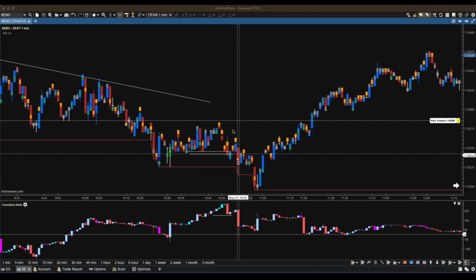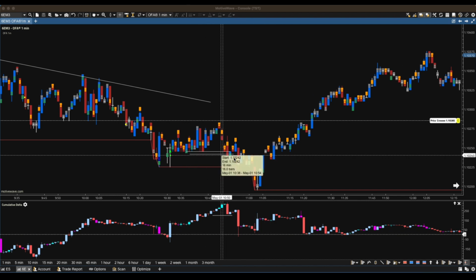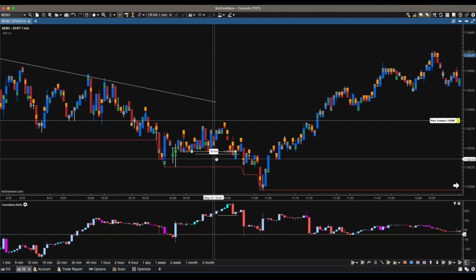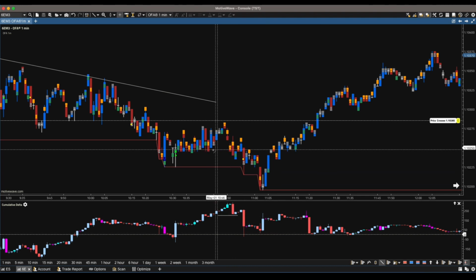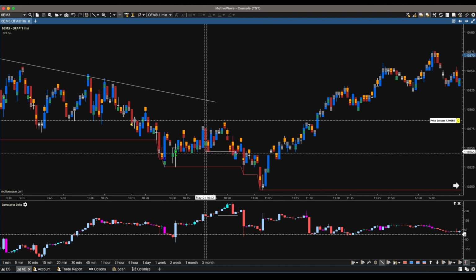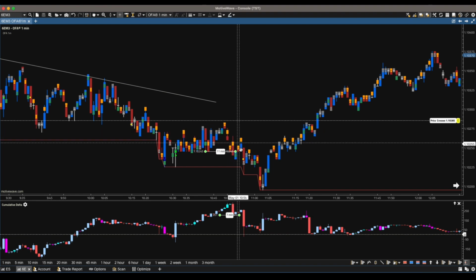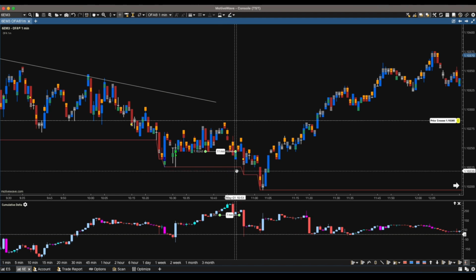Okay, then here we have strong structure. Okay, so this is a clear structure that has been broken by the price and by the CVD as well. So this structure has been broken here and here, so this is what I mean: price and CVD are telling the same thing.